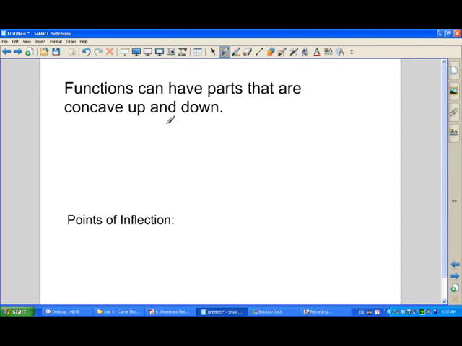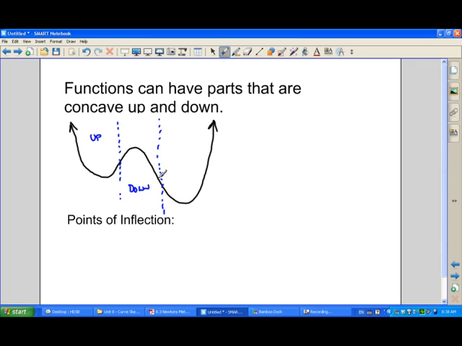Because functions can have parts that are both concave up and concave down. I can draw a function that looks curvy like that. If I isolate this function into a few pieces, I can see different parts of the function where it looks concave up or it looks concave down.